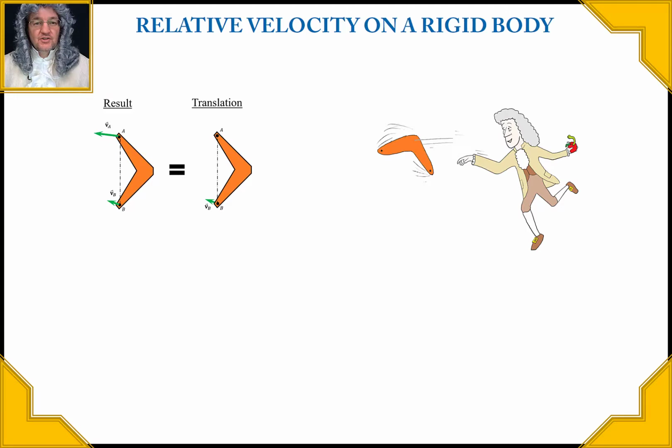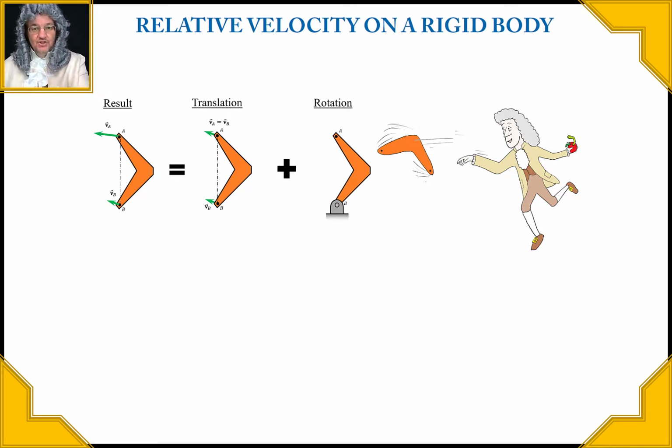So velocity B, and we take that velocity and we put it onto A. So if it's in pure translation, both of those points, A and B, have to be translating at the identical velocity. If A is different from B, it has to rotate, right? So for the pure translation part of that diagram, we set the velocity at A equal to the velocity at B, right? And then we add the rotation to it by pinning it.